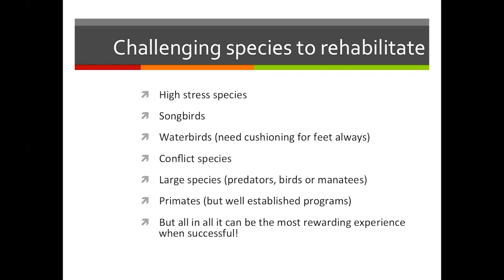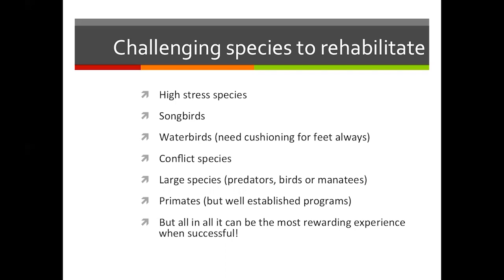There are species that are easier to rehabilitate, and then there are some that are more challenging. High stress species examples would be songbirds. There's at least one specialist in the States, and I'm sure there are several, but it takes really a specialization to work with songbirds because they are very, very prone to stress.